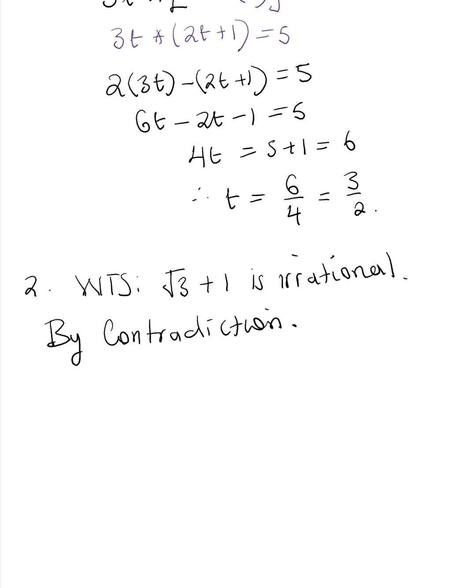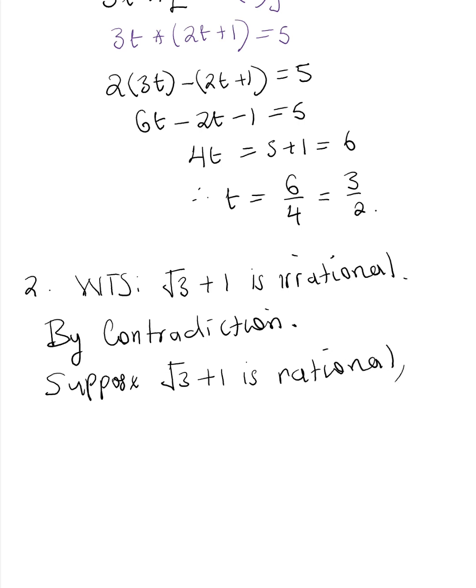To prove by contradiction, you are going to assume, or suppose, that root 3 plus 1 is rational.